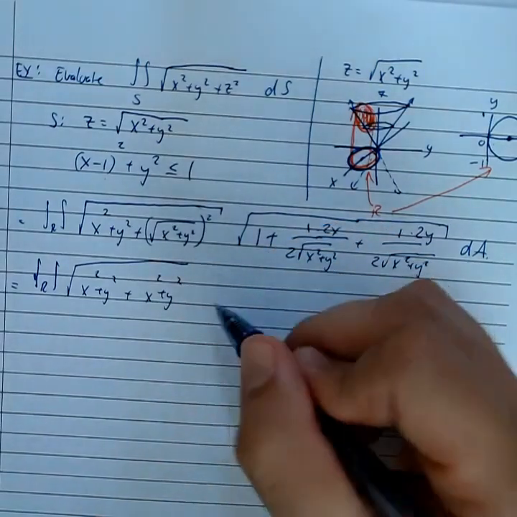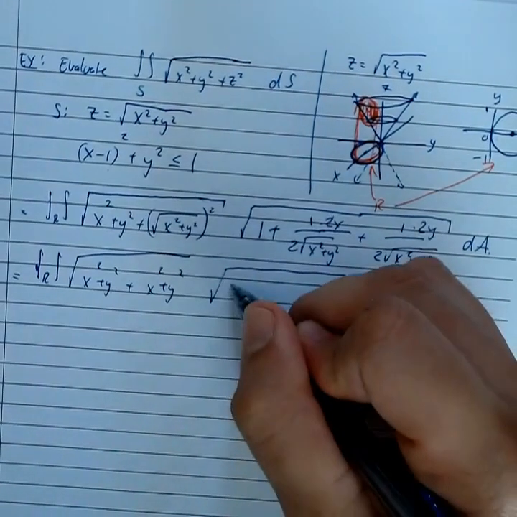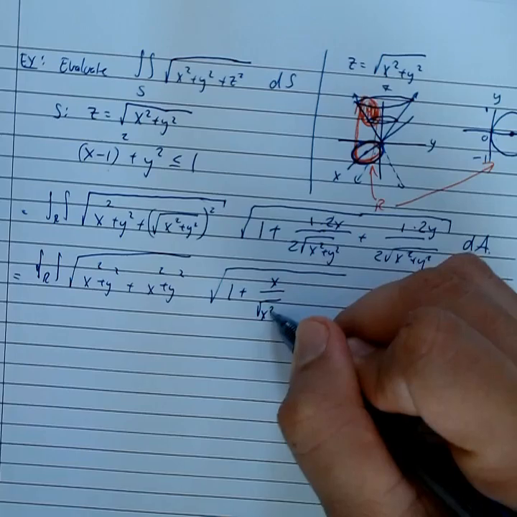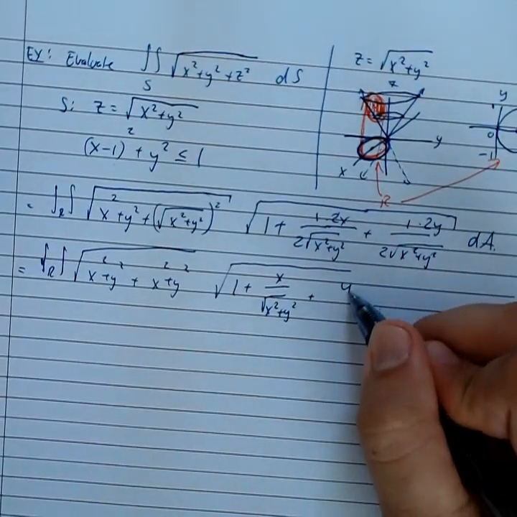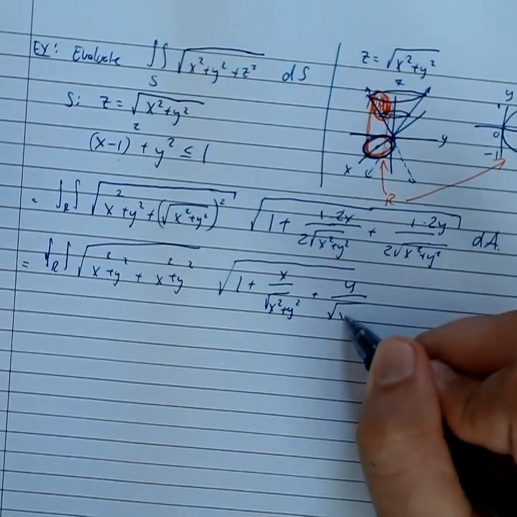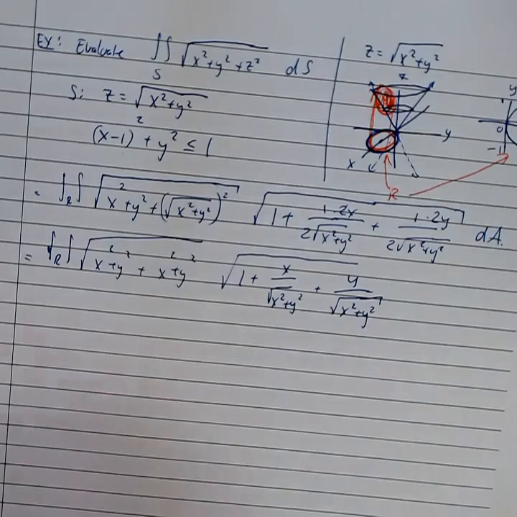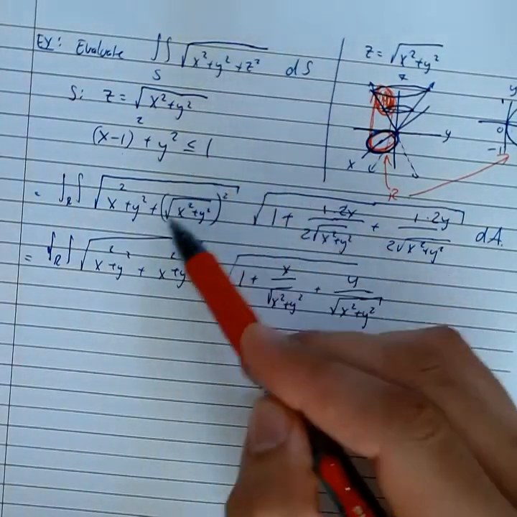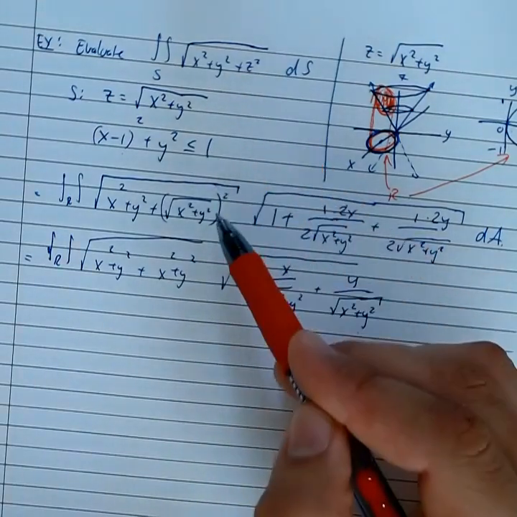Over here I'm going to have the square root of, here the 2's cancel out, and I get 1 plus x over the square root of x squared plus y squared. And then over here, the 2's cancel out, which will give me y over the square root of x squared plus y squared. Okay. So note, all I did here was this stays, this gets substituted. Don't forget it's squared.